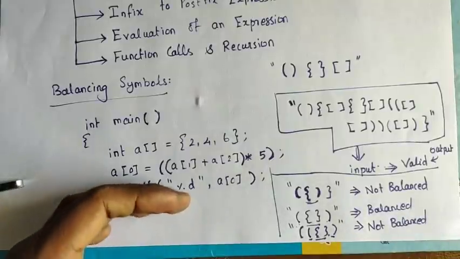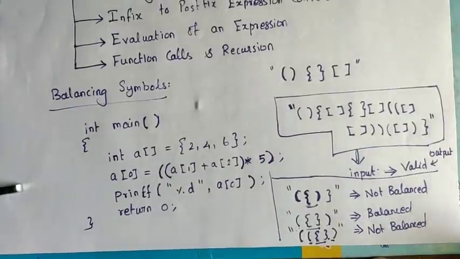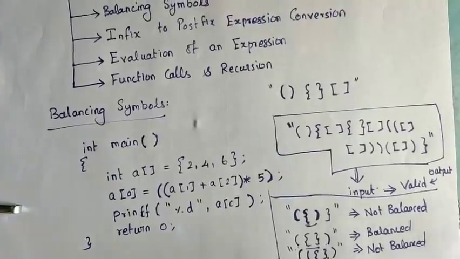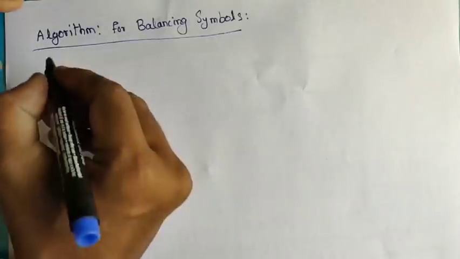So these are some sample inputs and results for the balancing symbols algorithm, which is used by the compiler for checking the syntax of a program. Next we will discuss the algorithm for balancing the symbols.